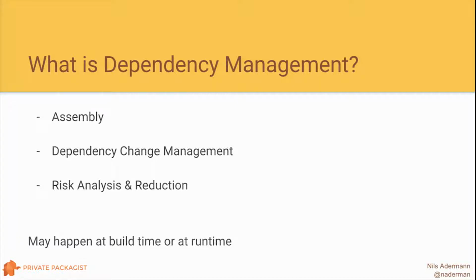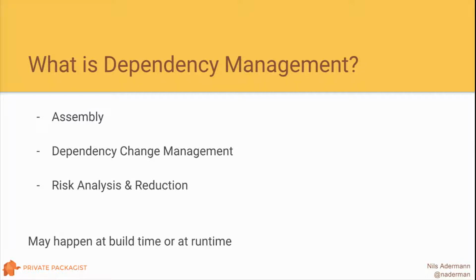The next part is dependency change management, which is making choices as to how to change dependencies: adding dependencies, removing them, updating them, and figuring out how this modifies the application and how this impacts what you're working on. As part of what you're doing there, the key thing is that you're analyzing the risks involved in any of these processes, and you're trying to reduce them.